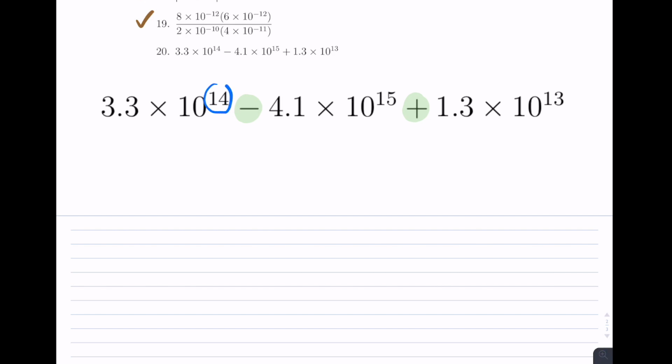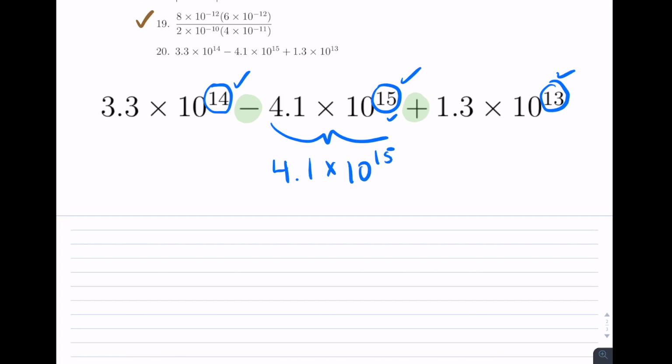You always need to have exponents be identical. Well, they're not. So step 1, choose the one with the biggest exponent. The biggest exponent is this one, which means we do nothing here. This just stays the same.